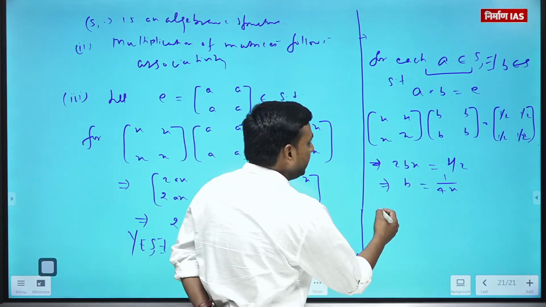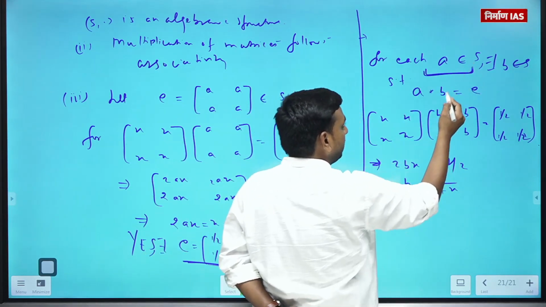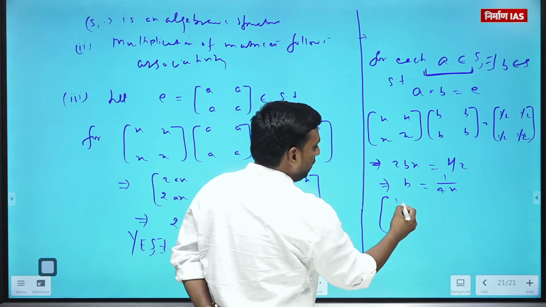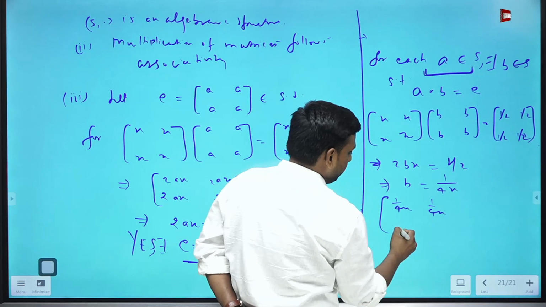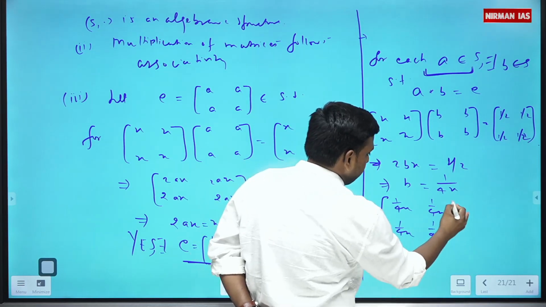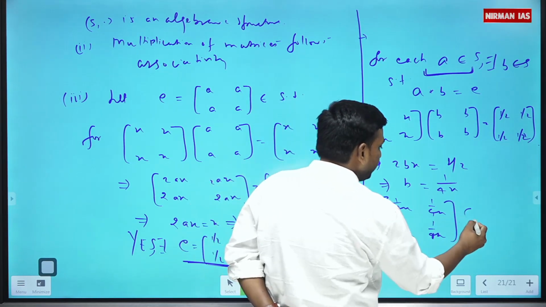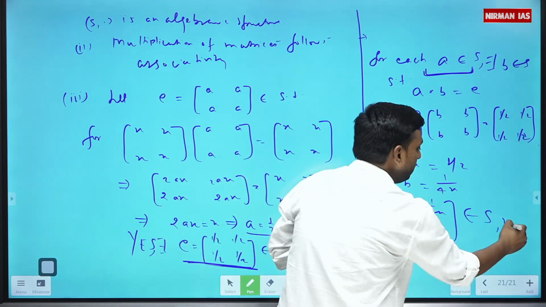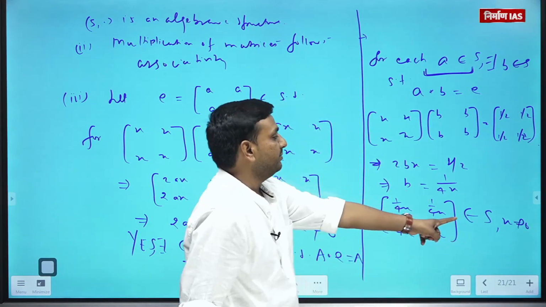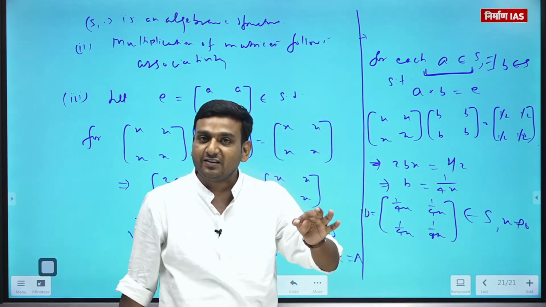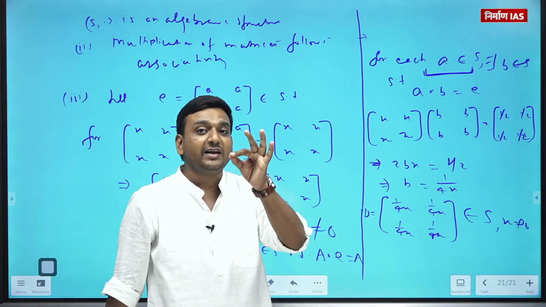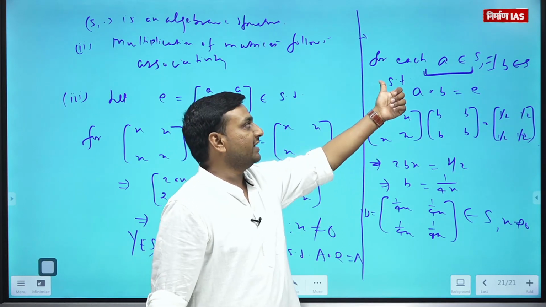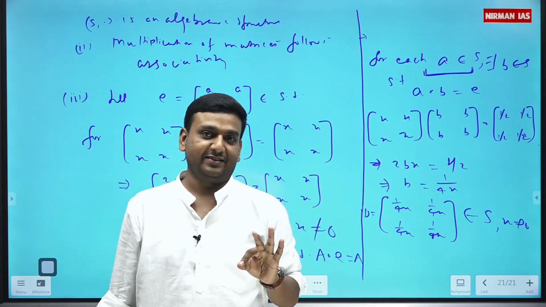So you can say that for each element of S, any arbitrary element, we have the existence of some element B which is again in S. Why? All these entries are the same, and also x is non-zero, so it is well defined. This means S possesses the inverse of each element with respect to the composition as multiplication of matrices.